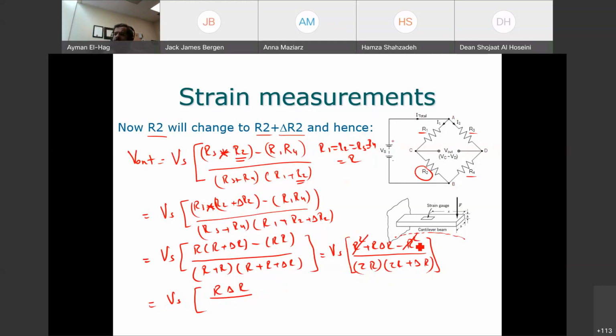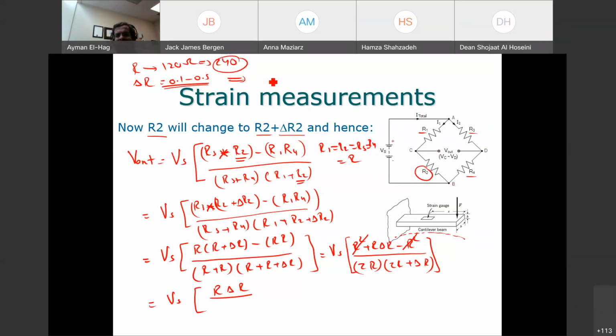Now, to make a little bit of approximation here, we said that the R is in the range of 120 ohm. We have seen that the delta R is a fraction of this, like 0.1, 0.5, something very, very small. So delta R is very, very small compared to 240.